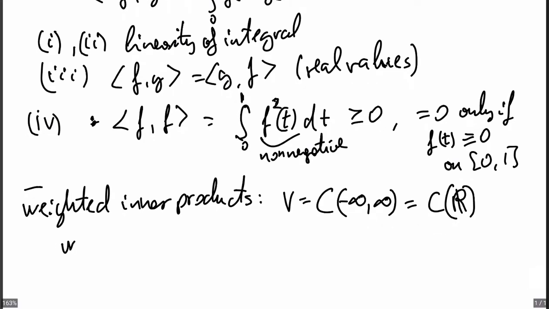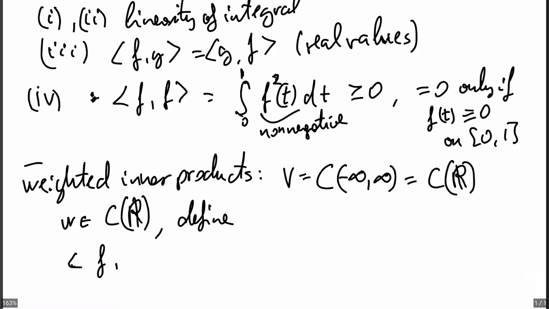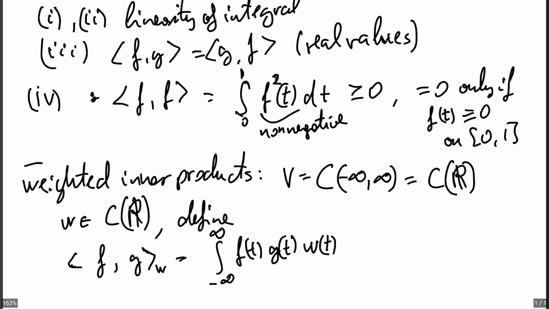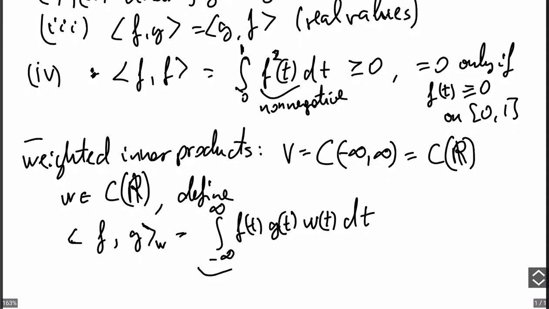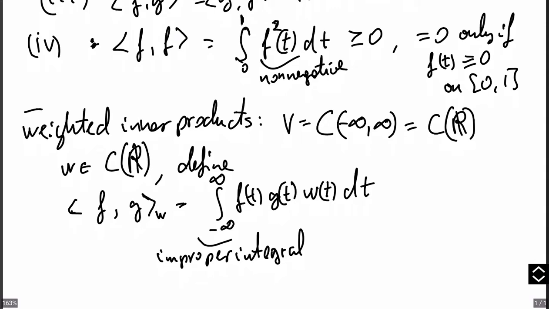If w is a function of this vector space, then we can define an inner product, sometimes with the weight placed as a subscript, as the integral from minus infinity to infinity, not just f of t times g of t, but it's also multiplied or weighted with this w function. So this is an improper integral. Please look up calculus 2 techniques for improper integrals. Sometimes they diverge.